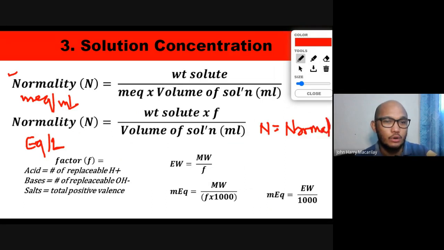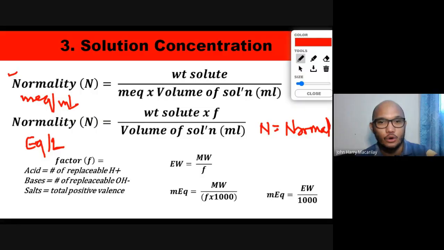So you have two possible formulas for normality. You have weight of solute over milliequivalent weight times volume of solution in milliliters. If you're going to make use of the mEq, you have to make sure that your volume is in milliliters. And if you're going to use this one, your volume should be in liters.